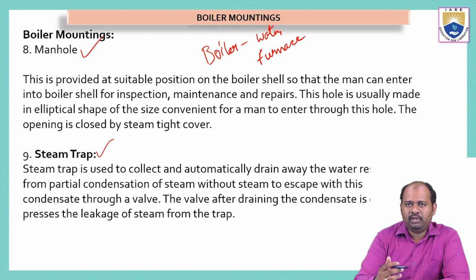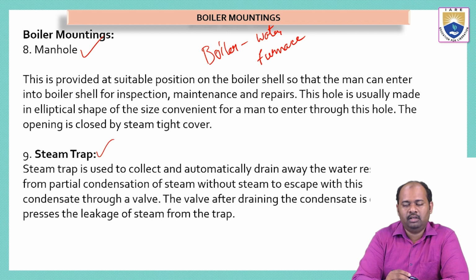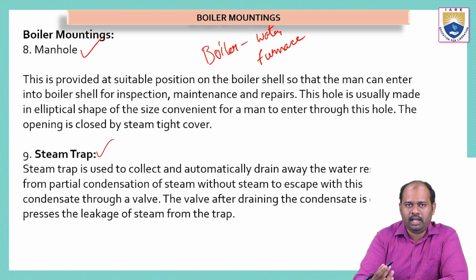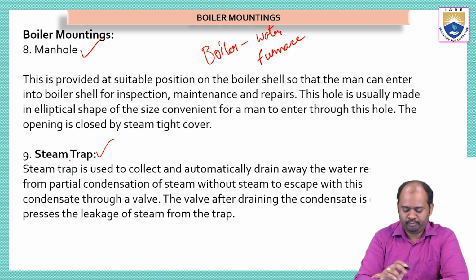The valve is closed after draining the condensate, which prevents the leakage of steam from the trap. Whenever there is extra water present in the boiler tank, which is known as the condensate, it has to be removed by using this steam trap.